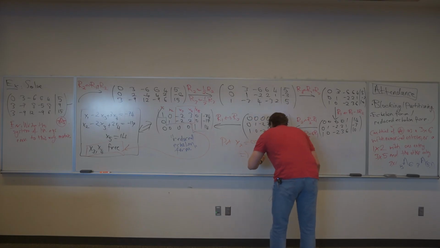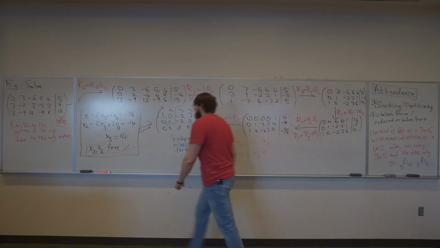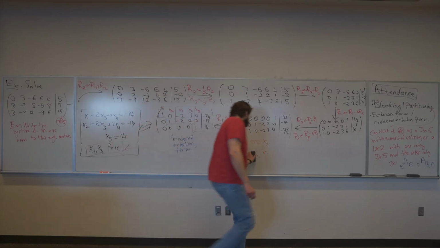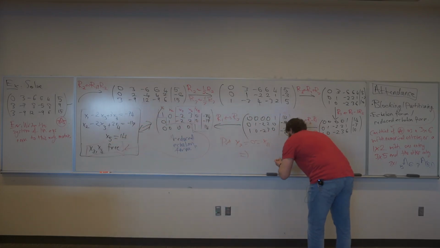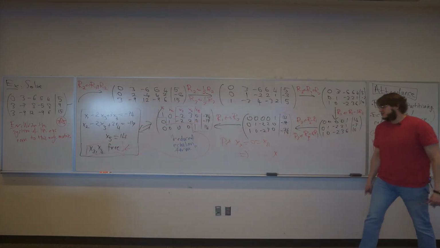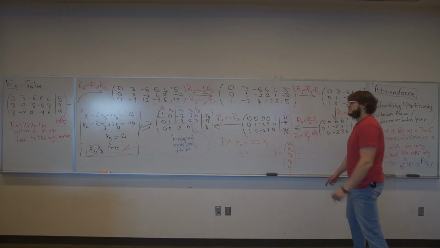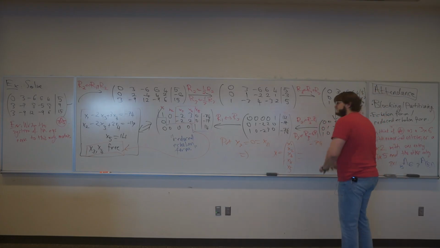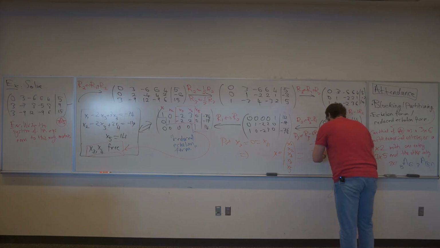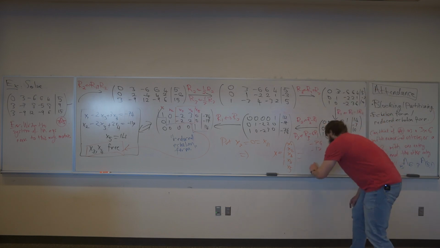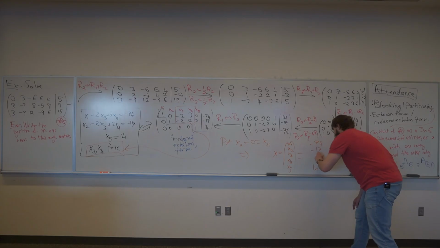Then x1, well, I'll write it like this. Then x, the matrix with entries unknowns. Okay, this is what? Minus 74, minus 17, 14 here, 0, 0.